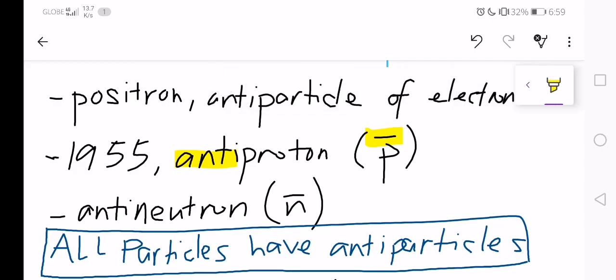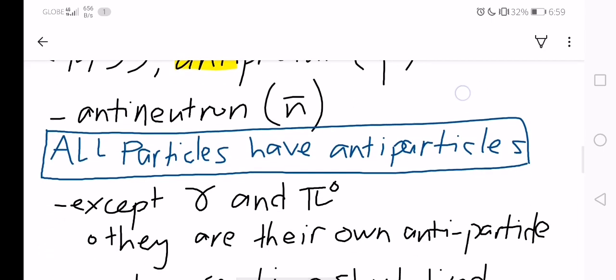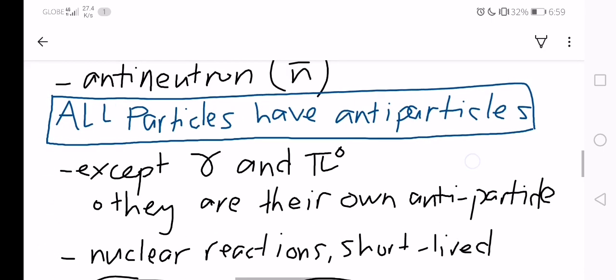So in theory, all particles have their antiparticles. So for example, neutrinos have antineutrinos, and so on, except, so this statement has another line to it, except photons and pi naught or neutral pions. So these particles are their own antiparticle.